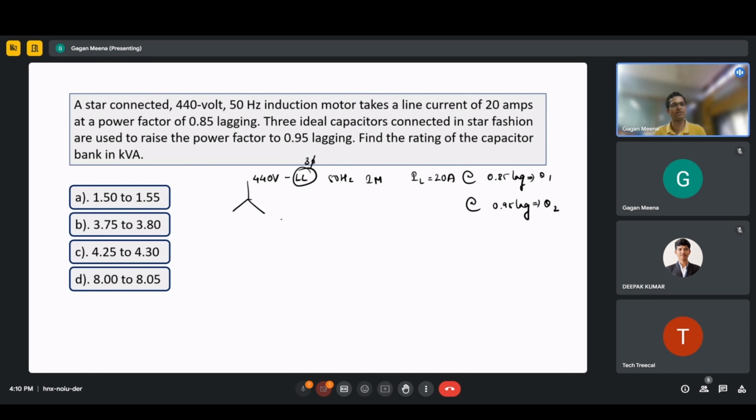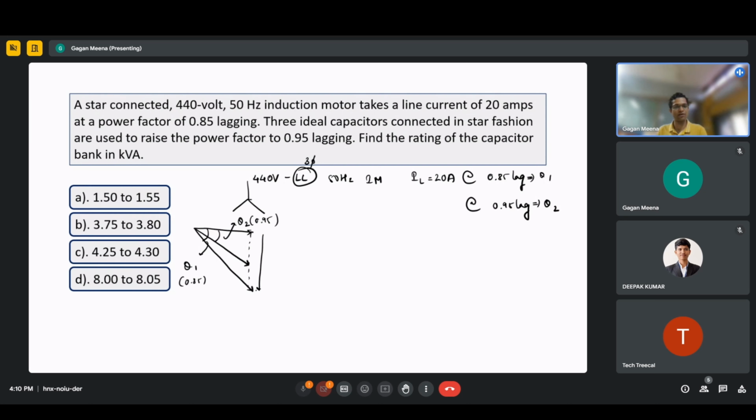We also saw one other way, no? Using the power triangle. You can do that way also, and this will become easier. So this is theta 1, this is theta 2. This is corresponding to 0.85, and this is corresponding to 0.95.